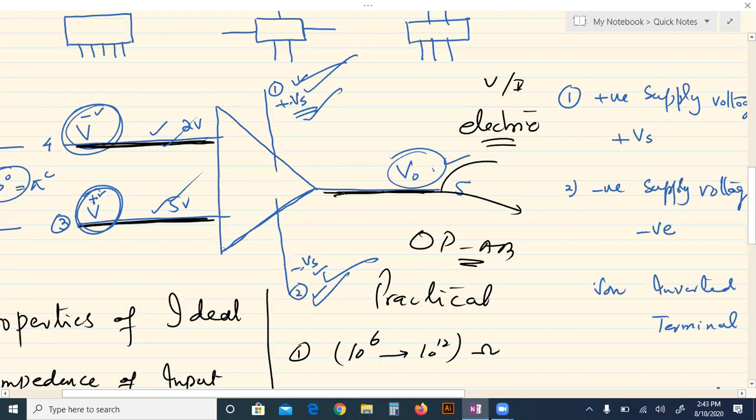That's why after this amplifier, the resistance is 0, because we have to move the current, we have to move the charge to switch on the electric devices.